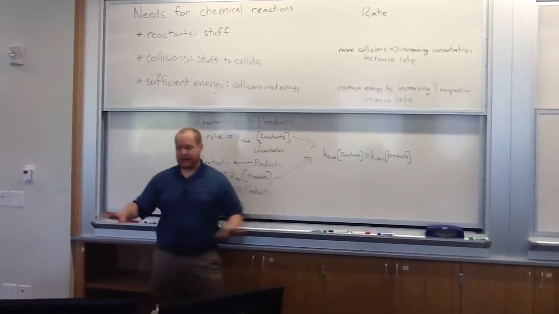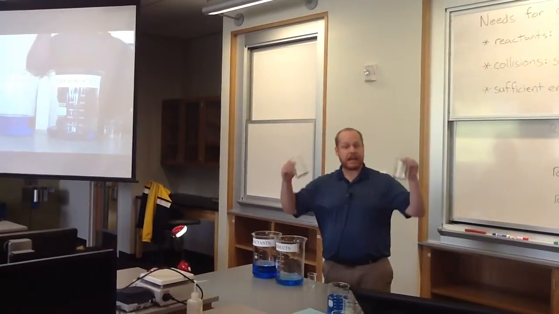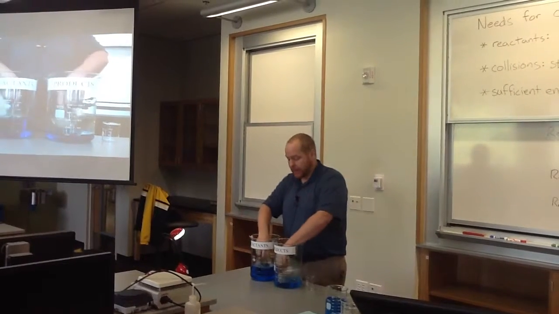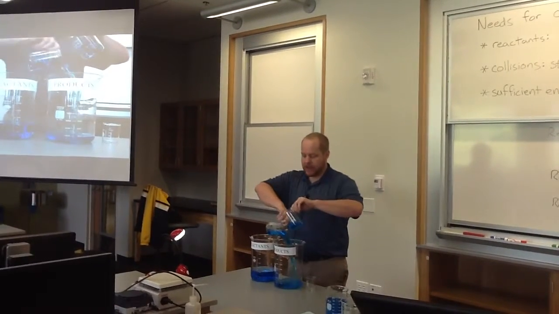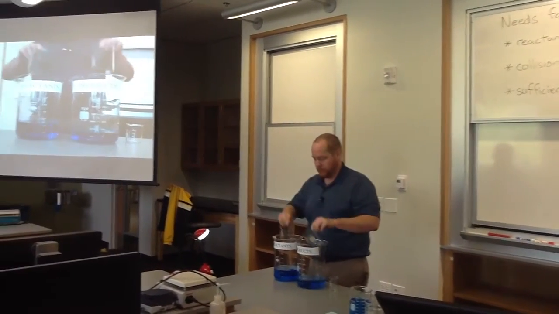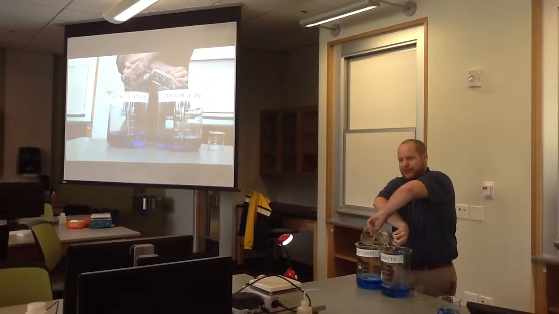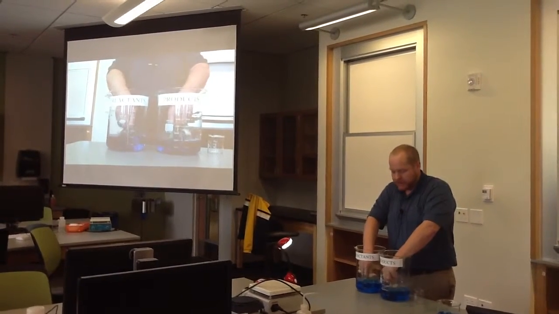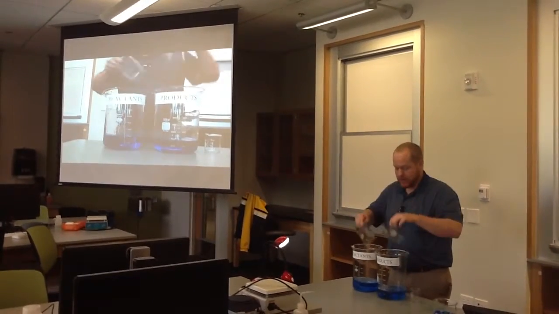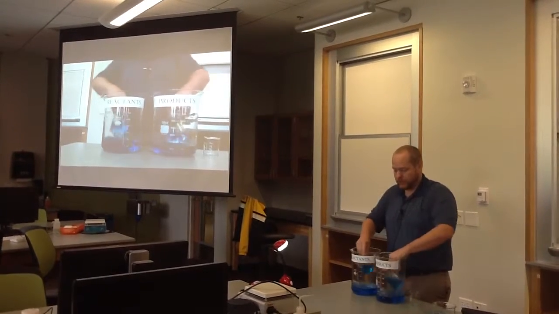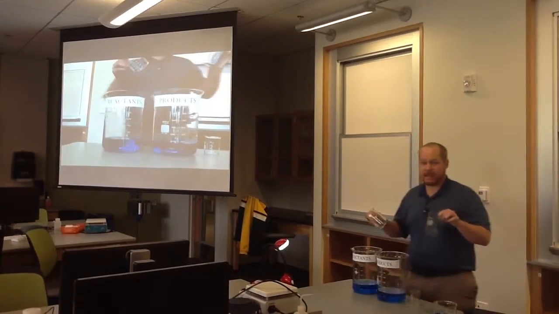We can demonstrate that using our macroscopic view here, where if we were to have two rate constants that were the same, we would get a transfer of reactants and products over the course of time that will eventually get to a point where the rate of the forward reaction and the rate of the reverse reaction are the same, and the amount of blue water in these two systems is going to stay approximately the same over time.